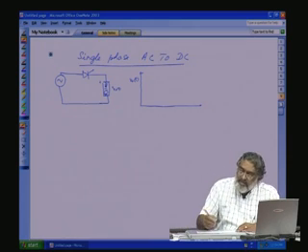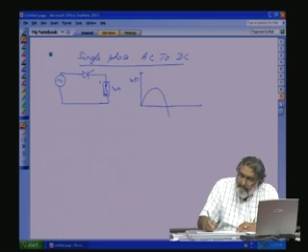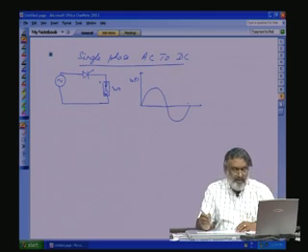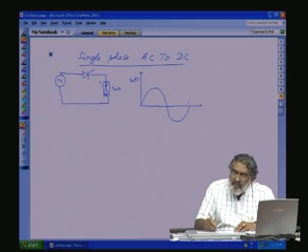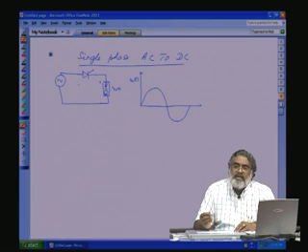How does it look? This is our mains. For our present analysis, we will assume the control of the devices is instantaneous. We will not worry about the switching times involved.